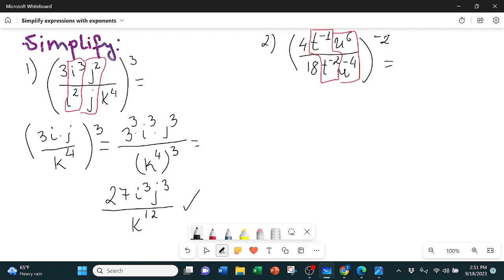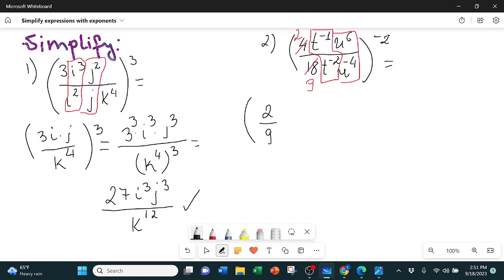Again, I'm going to work inside the parentheses. So 4 over 18, we can simplify by 2. 4 divided by 2 is 2, and 18 divided by 2 is 9. So we can rewrite 2 over 9.